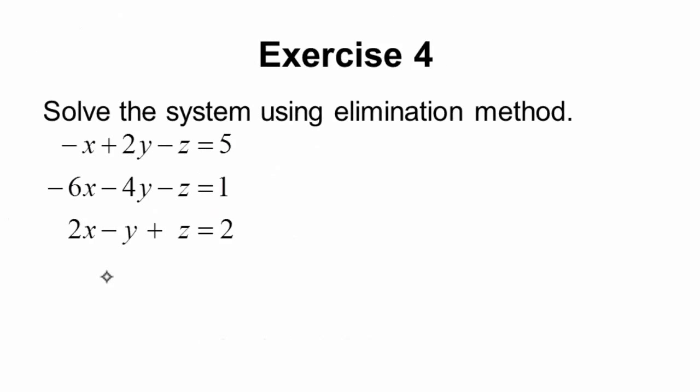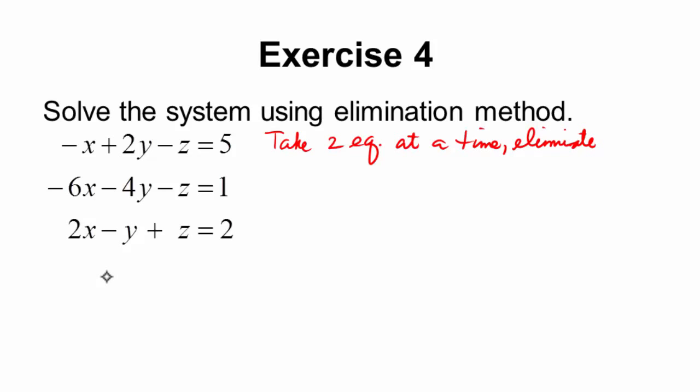Solve the following system using elimination method. Okay, now the best thing if you look at these equations, all right, there's x, y, and z, and then the right hand side. Now it's obvious here that the best variable to eliminate would be z. So what do you do? You take two equations at a time, and then when we do that, we eliminate the same variable.